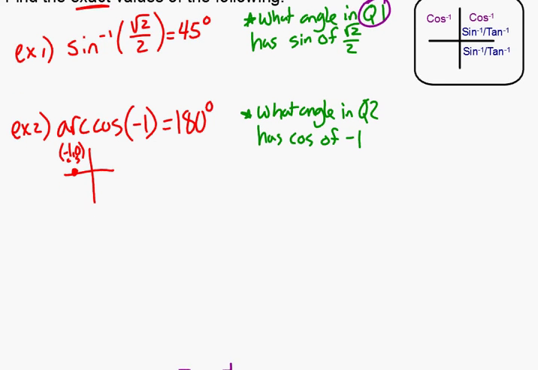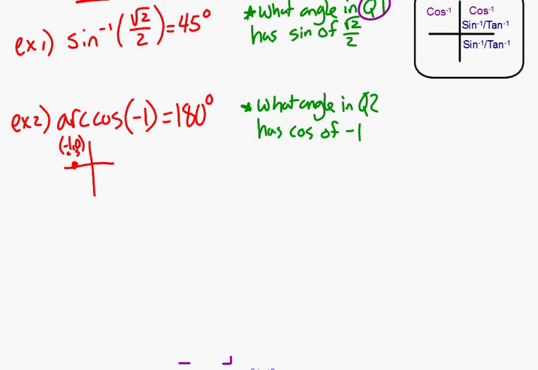My third example, my last one, we're going to expand things a little bit here. And we're going to deal with one of the functions we haven't looked at yet. So what if I have the cosecant inverse of -2? Cosecant. What I need to do in my head is two things.